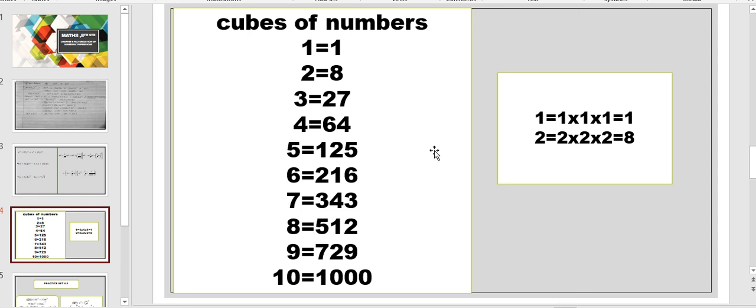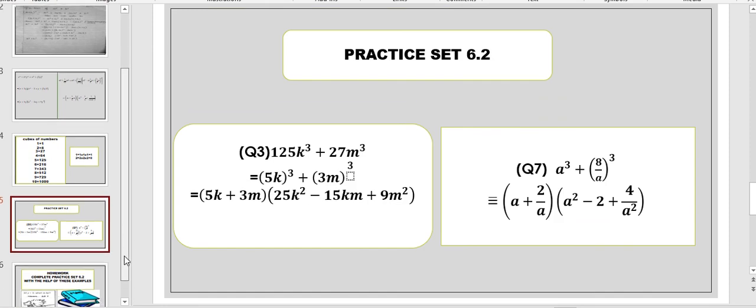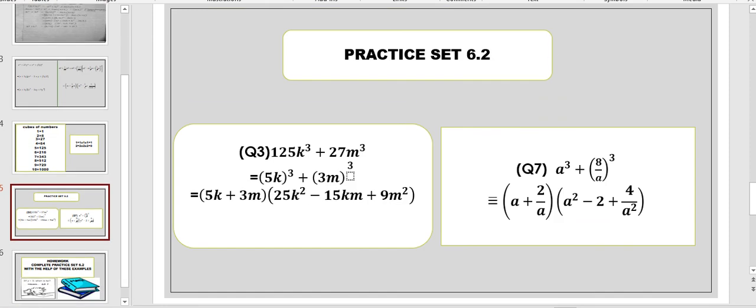And for 3 cube it is 27, 4 cube it is 64. Like that it continues till 10, and like that you can also find it for any number, right? So this is about the cubes of numbers for solving the equations of these factors, right?